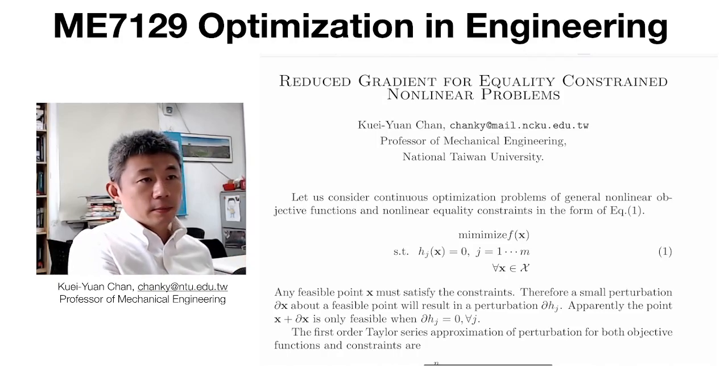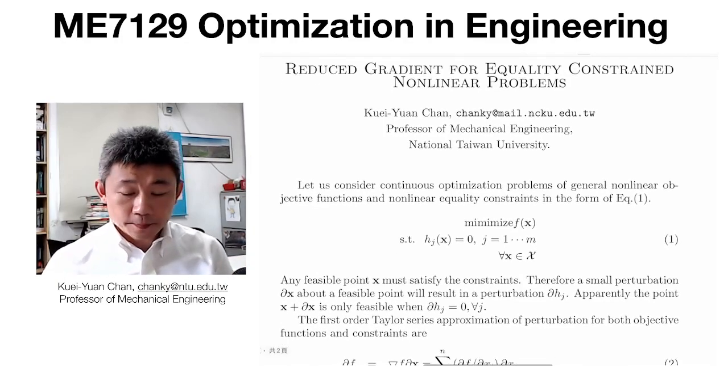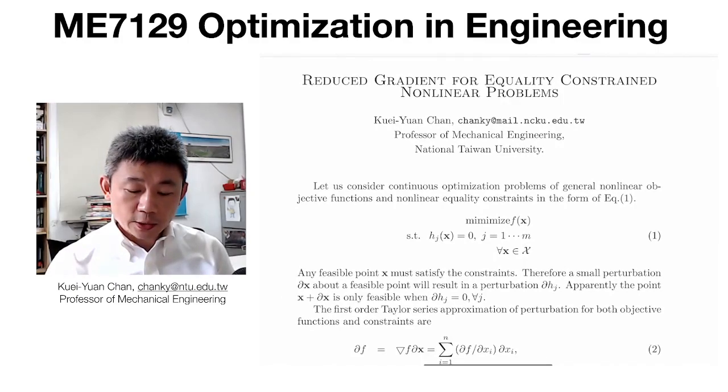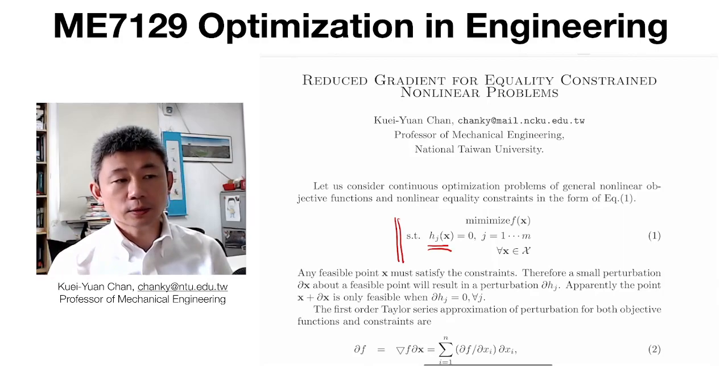Let us now show in our lecture file where we consider the continuous optimization problem of general nonlinear optimization problems, where in the minimization of f of x, we have only equality constraints. Let us consider only equality constraints, although in most cases we have inequalities.